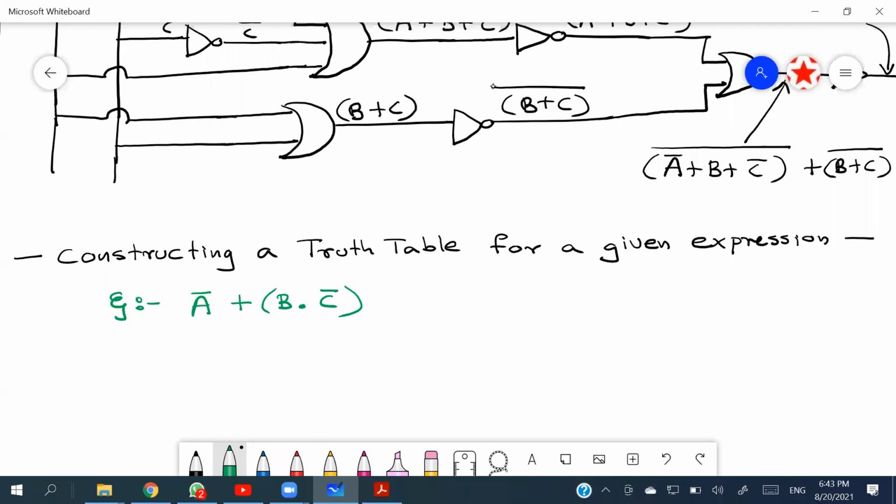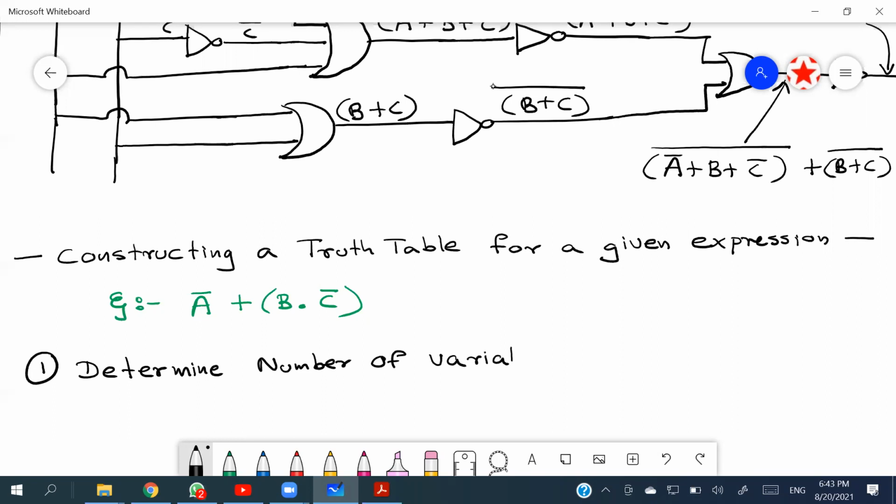The very first step is very similar to what you did when drawing circuits. The first thing you have to do is determine the number of different variables in the expression.